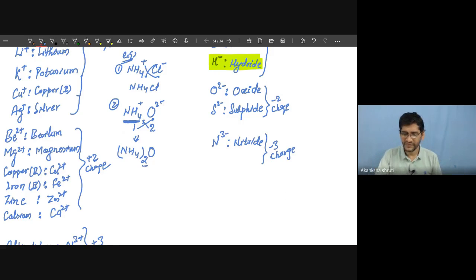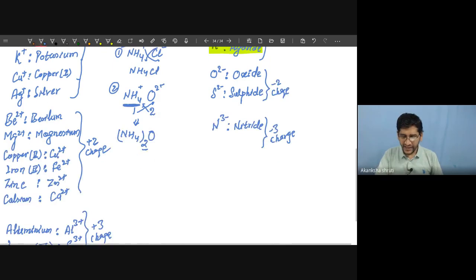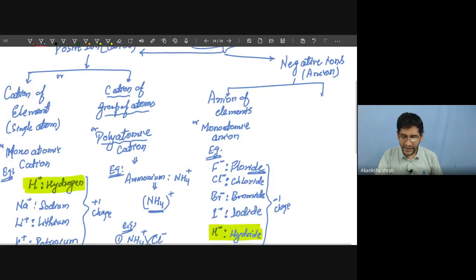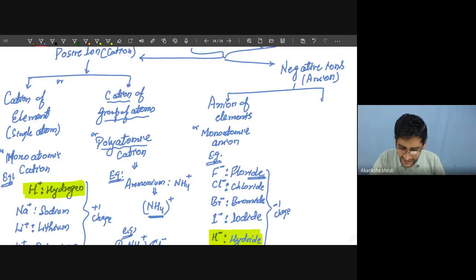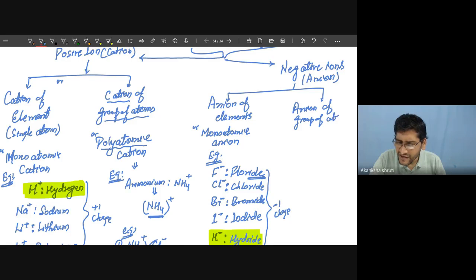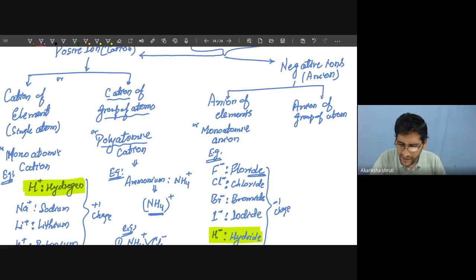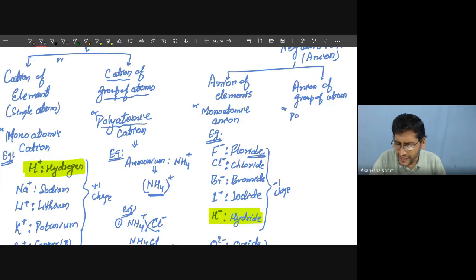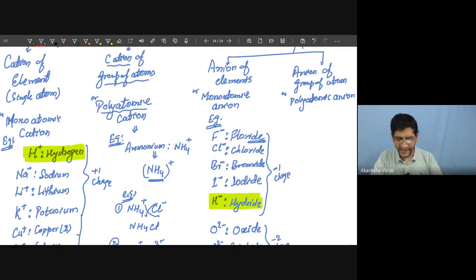So these are regarding the ions of an element or atom. But it is also possible to have an ion of a group of atoms. This anion of a group of atoms, meaning more than one atom, is called a polyatomic anion. What are the groups of atoms which collectively show negative charge?